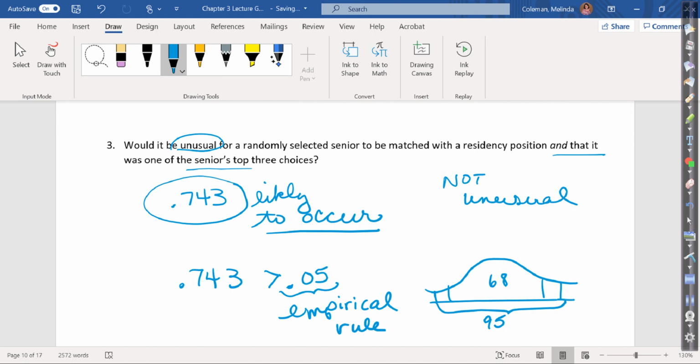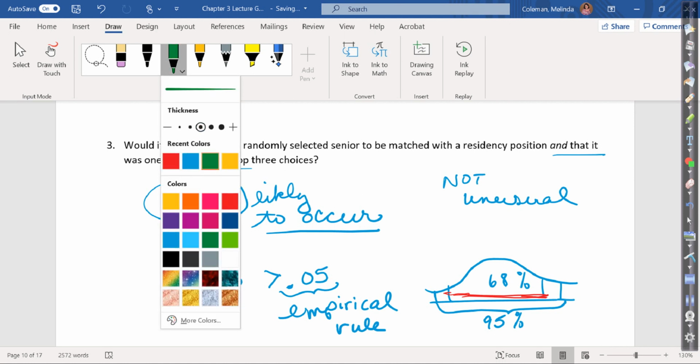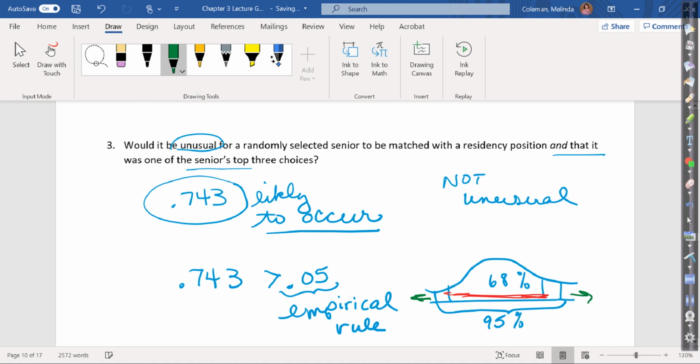And so since this is way in this group, then it is not an outlier. It is definitely in this group right here. A little bit more than the 68, but it's definitely in this group. So it's not an outlier. The outliers would be the green pieces, which is this. Since it's not an outlier, then it would be very usual and likely to occur.